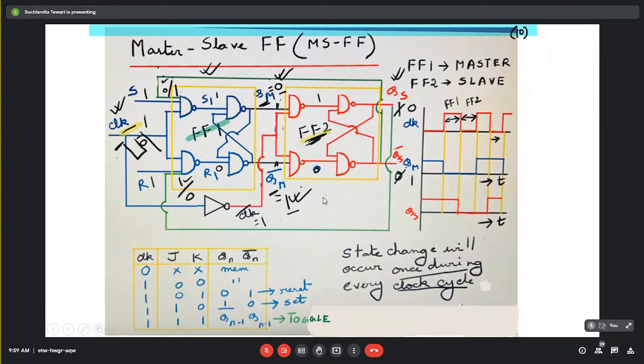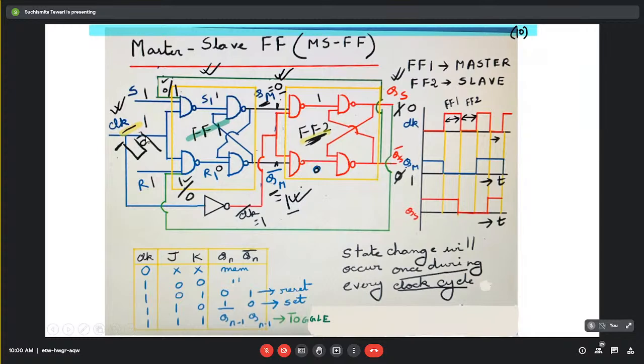Now let's see what happens. We want to change the output states, that is this output and this output, once per unit clock period. So you see the principle here. If we notice this waveform, for the enabling period of this clock, flip-flop 1 is activated, but flip-flop 2 is deactivated. Why?